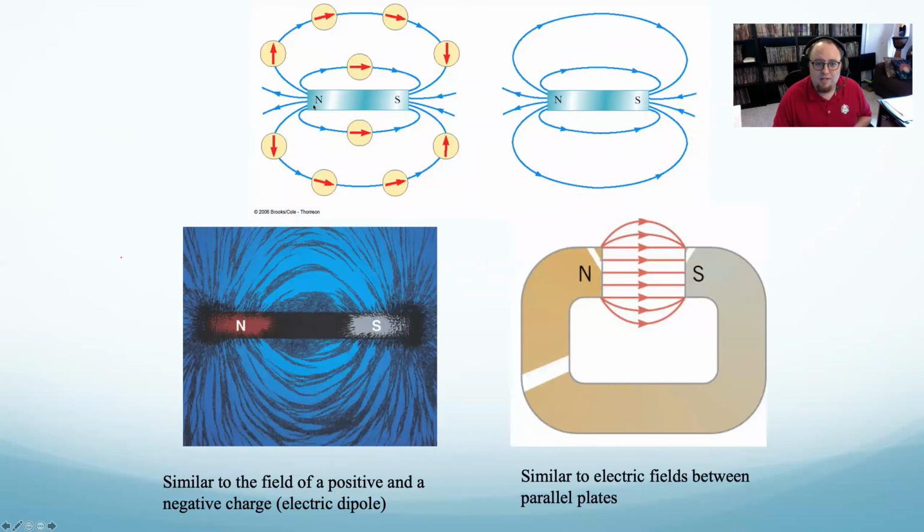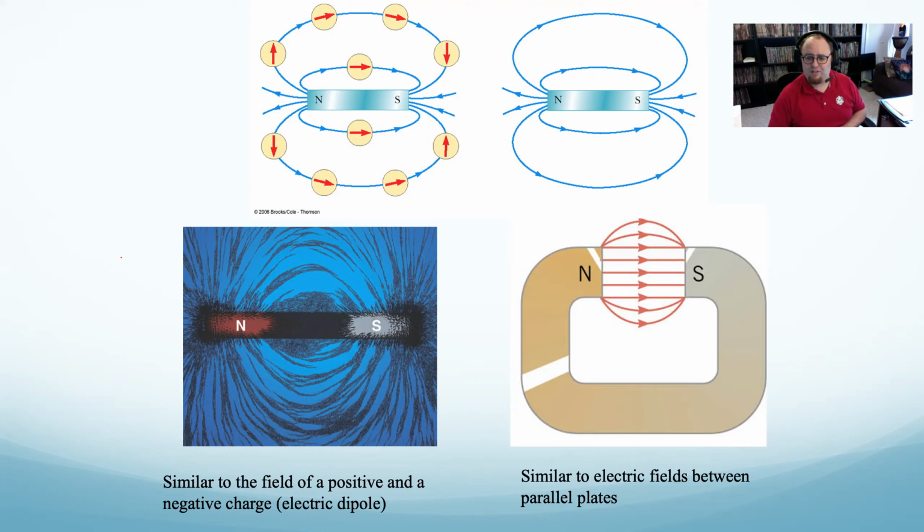Of note, if you just have a regular ball magnet, as I said, it looks exactly the same as an electric dipole, where an electric dipole is going to have a positive charge and a negative charge and the electric field between them. And in fact, if you instead take a horseshoe magnet, like my picture in the bottom right, that has kind of tilted sides, and I apologize, I have a really nice one like this in real life that you would normally see, but I didn't bring it home because it's heavy as hell.